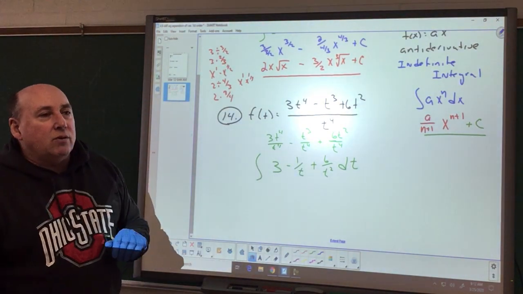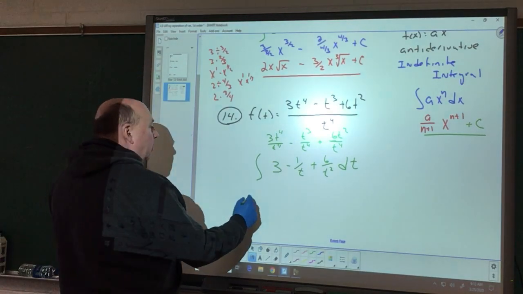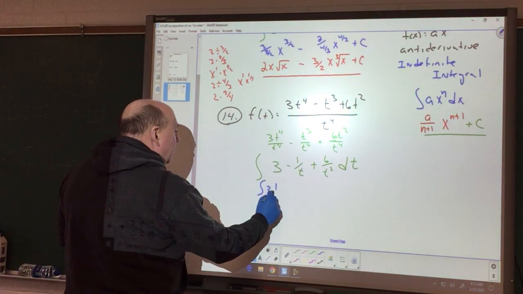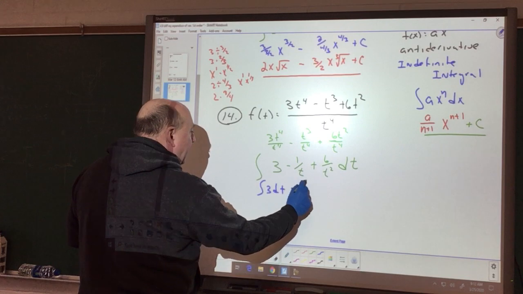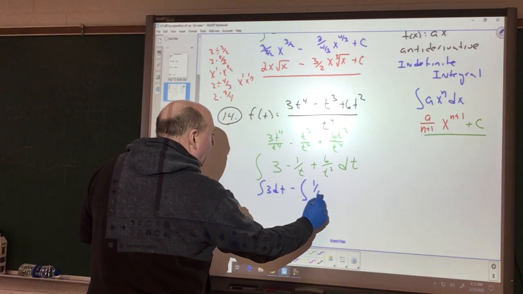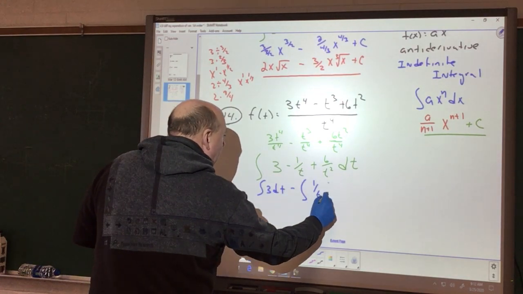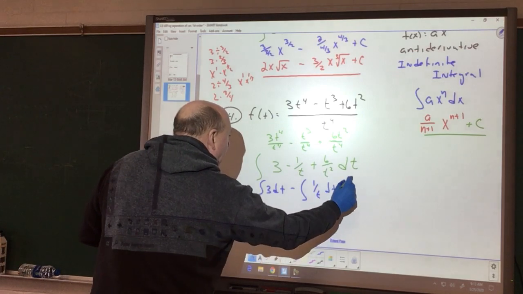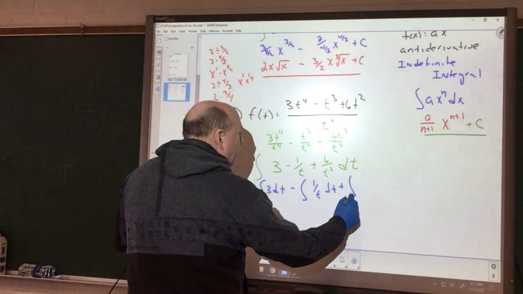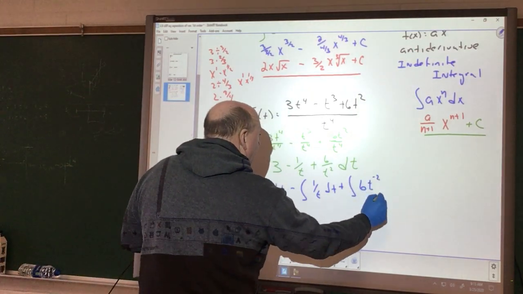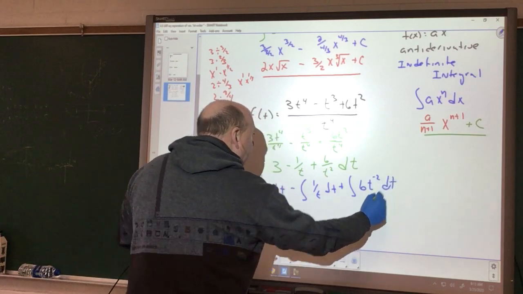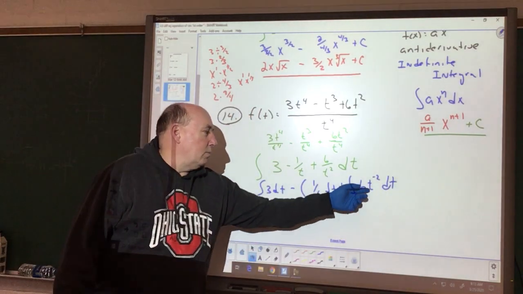The antiderivative of my constant, dt, minus the antiderivative of 1 over t, dt, plus the antiderivative of 6t to the negative second, dt. I wrote it this way so I can use my exponent rule.